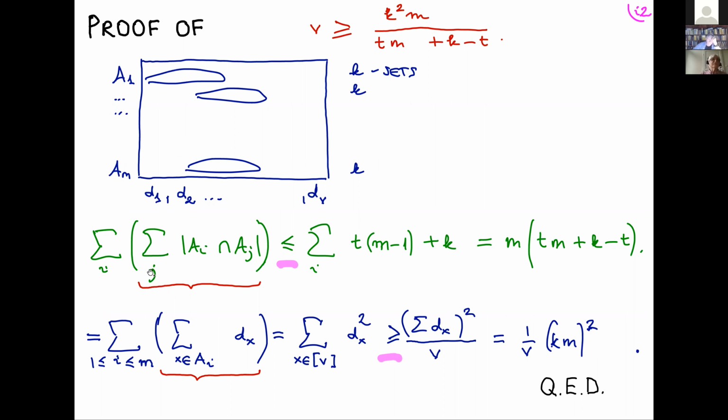So here i is fixed, A_i is fixed, and we consider all the intersection sizes and add them up. Now, if we intersect A_i with itself, we get k. Otherwise, we have an upper bound t. So we have to add up this quantity m times. And that's an upper bound.